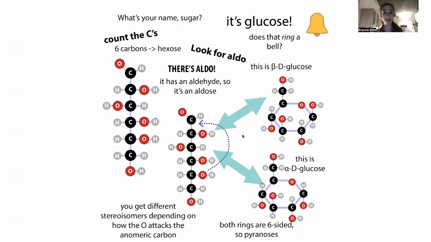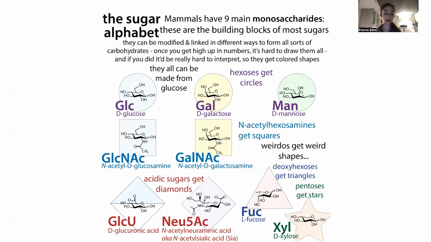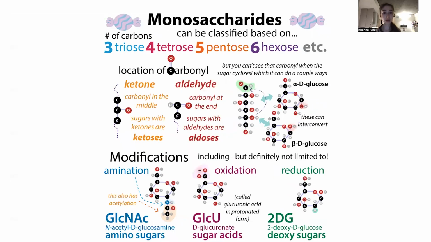Ringification can happen in 2 different ways, and this will affect the orientation of this group. So you can have alpha and beta, and this is going to come into play when we talk about how carbohydrates are linked together to form more complex carbohydrates.